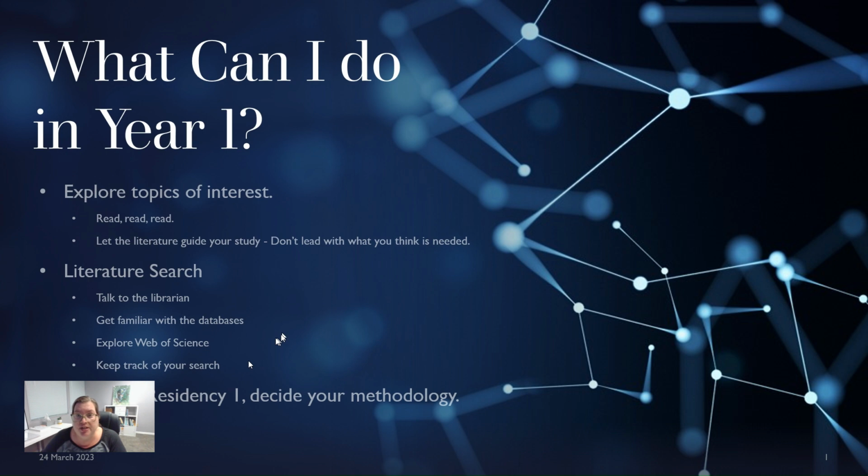Again, let the literature guide your study. I know some of us prefer to do qualitative because it takes away the math, but quantitative, because it's math, can be a little bit quicker. So, try and let the literature guide you, but I completely understand the rationale for going qualitative versus quantitative or the other way around.